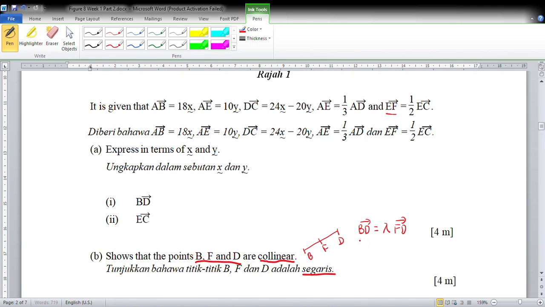So long as you combine, you have the 3 letters and one of them is repeating, like here the D. Right? So it's a common point. So we need to find that that is a constant here. Then we can say it is parallel or collinear, depending on the question.